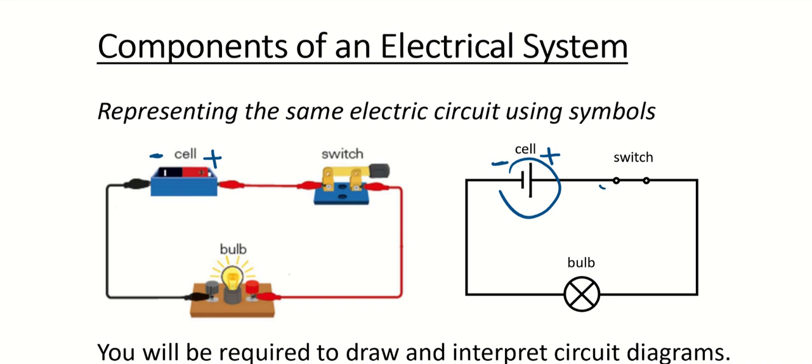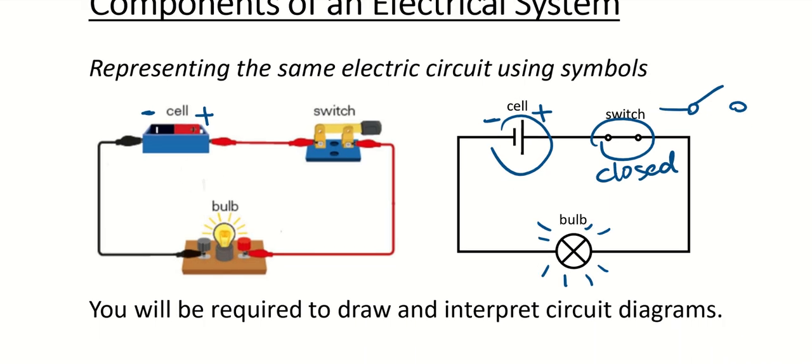Okay, then the switch is like that. So if I want to draw an open switch, then I'll draw this symbol. So this is a closed switch. Okay, so by right, the bulb, which is a component using the electrical energy, will actually light up. So basically it's a circle with an X. Then draw your wires with straight lines.